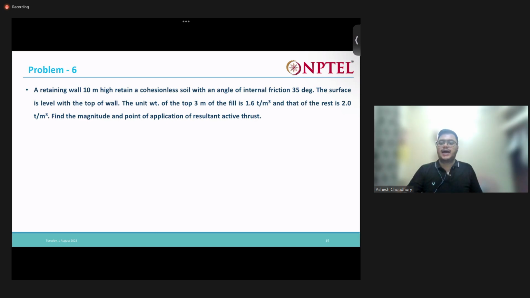And also geosynthetic materials such as geotextiles are used for drainage of water, because if water is there, the active thrust increases by leaps and bounds. It increases significantly.